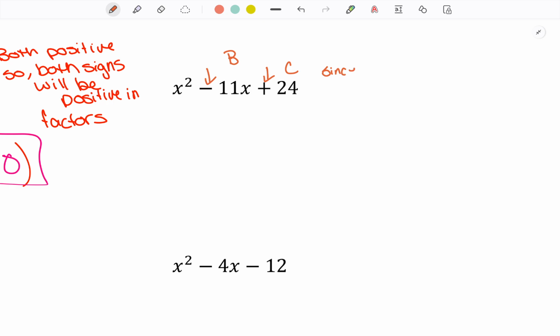So since C is positive and B is negative, both factors will have a negative.